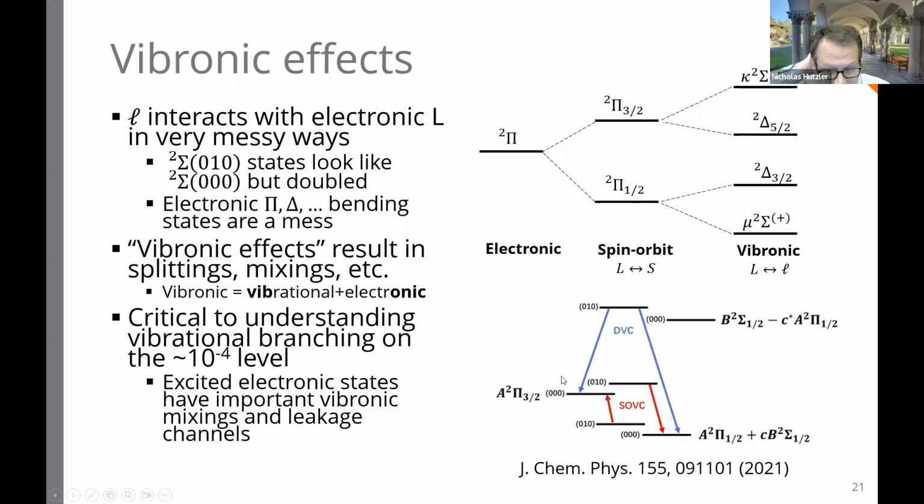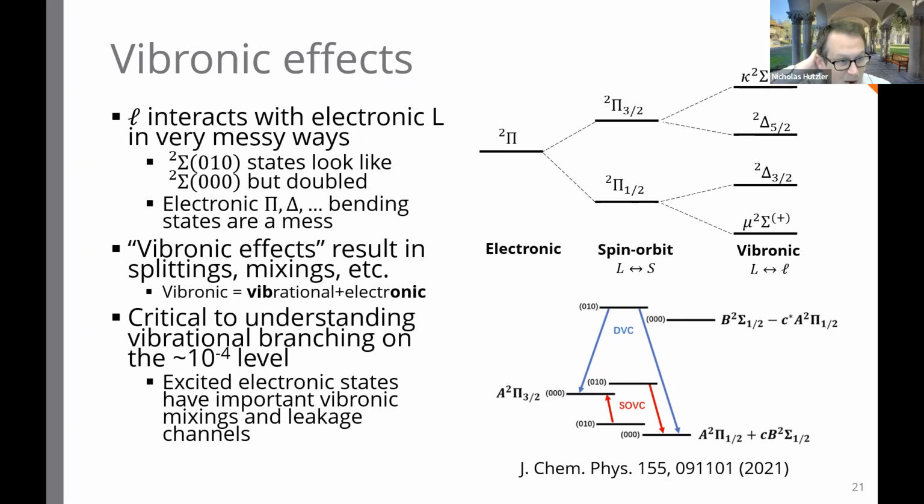That's because even non-bending states, like these 000 non-vibrating states in the two different fine structure components of a pi state, have higher order mixings with these bending modes that borrow some character from these other states and change the branching ratios.